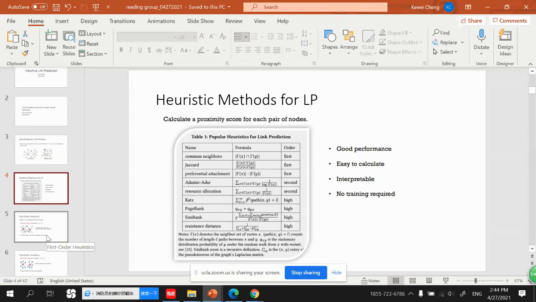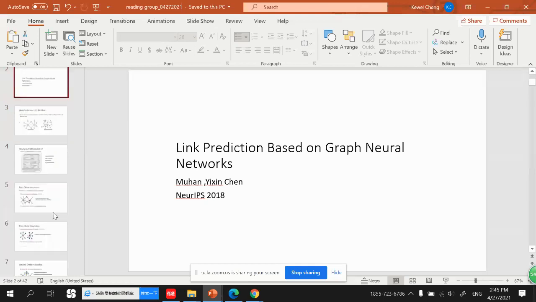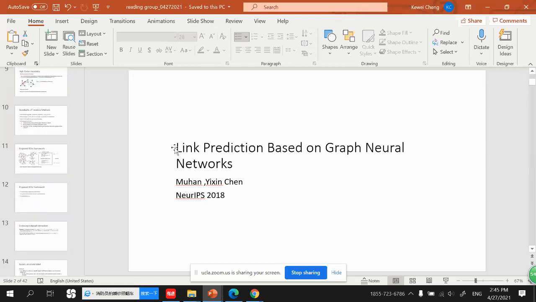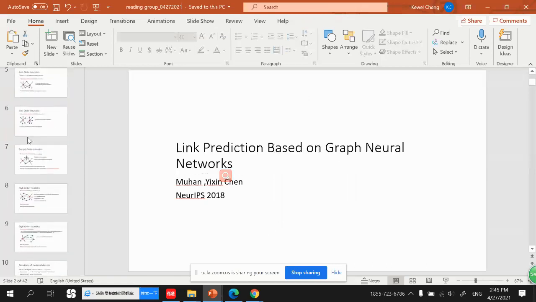So this link-prediction-based graph neural network's goal is not to do inductive link prediction, but the second paper is inspired by the first paper in order to achieve this goal.